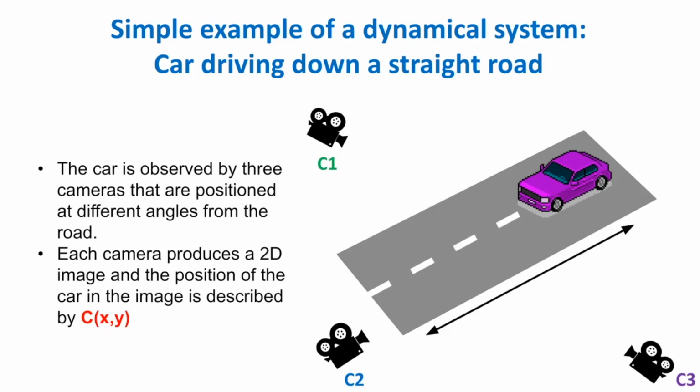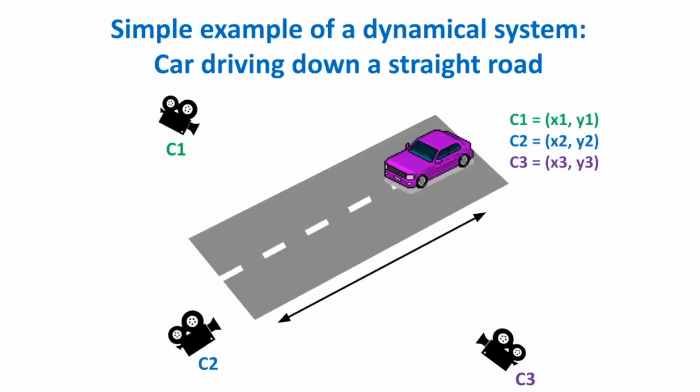And what's funny, since this is in the real world, the world is obviously 3-dimensional, right? Everything is embedded in a 3-dimensional world, but the cameras capture 2-dimensional data. They will have some 2-dimensional picture and the car is somewhere on that picture, right? So at every time point, a camera will give us a 2-dimensional value where the car is in their picture.